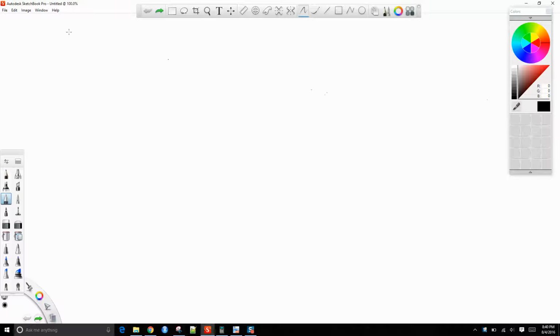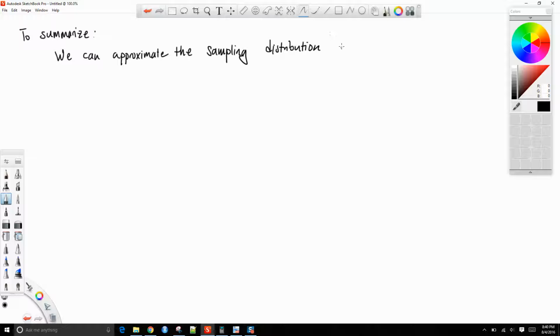So the idea is we can approximate the sampling distribution of p hat with the normal distribution.